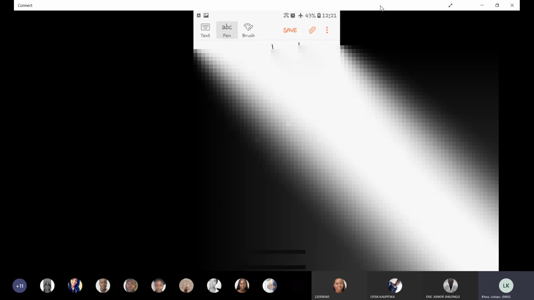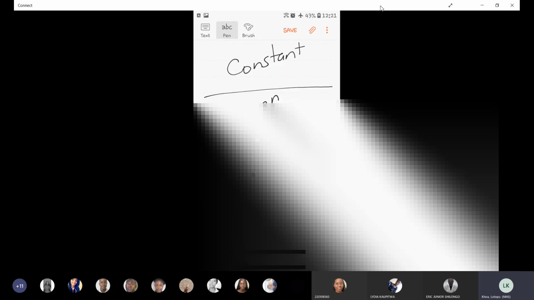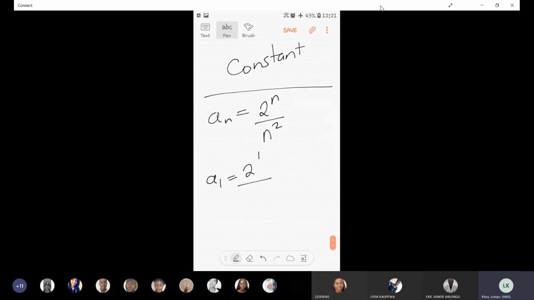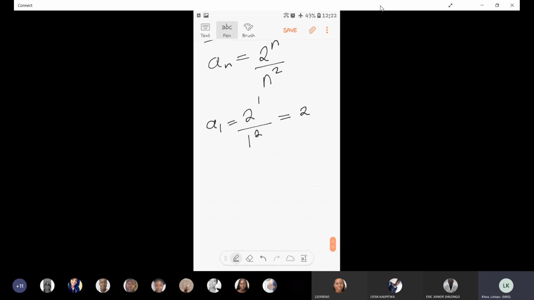So a1, this is 2 to the power of 1 over 1 squared. This is just equal to 2. a2, this is 2 to the power of 2 divided by 2 squared. This is equal to 1.